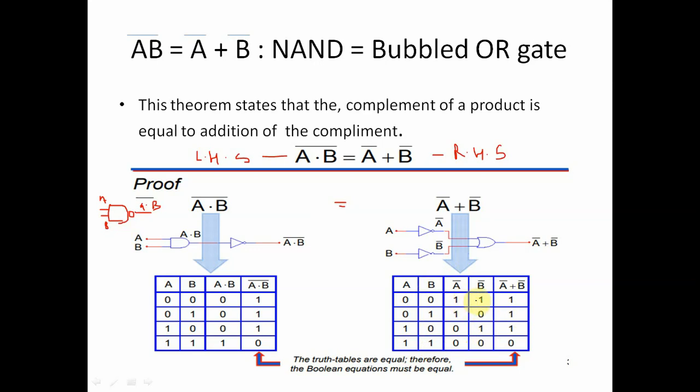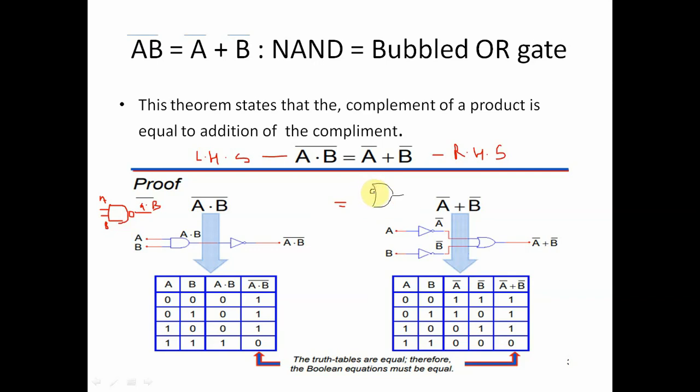Now taking the addition of these two, A bar plus B bar: 1 plus 1 is 1, 1 plus 0 is 1, 0 plus 1 is 1 and 0 plus 0 is 0. So the left hand side entries are 1 1 1 0 and the right hand side entries are 1 1 1 0. So LHS is equal to RHS, proven using the truth table. Similarly, we can draw this diagram, or at the right hand side we draw this diagram. This is the OR gate diagram.